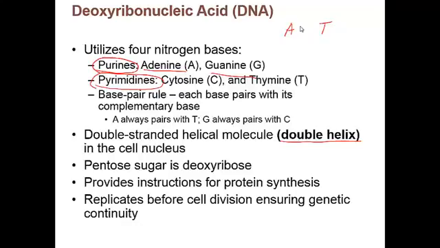And there's always 2 hydrogen bonds between an adenine and a thymine. The hydrogen bonds are going to be important in stabilizing this double helix. Then we always are going to see cytosine pairing with guanine. And in this case, there's always going to be 3 hydrogen bonds between a cytosine and a guanine.